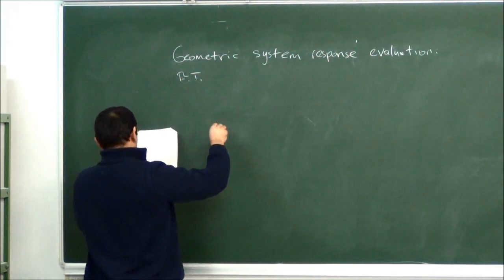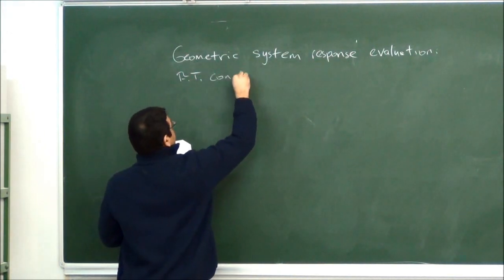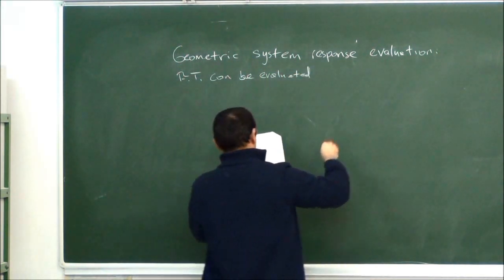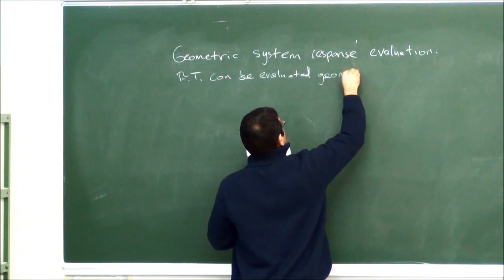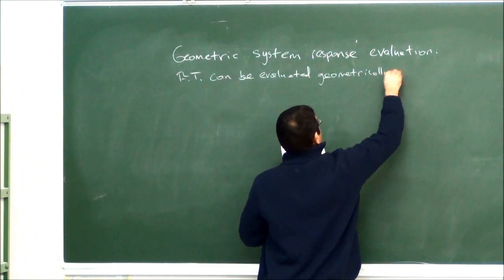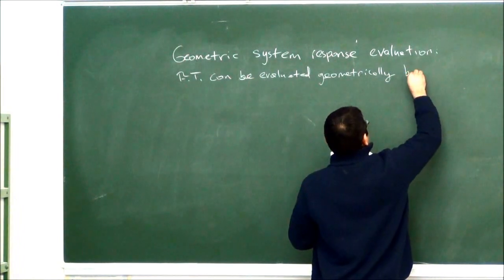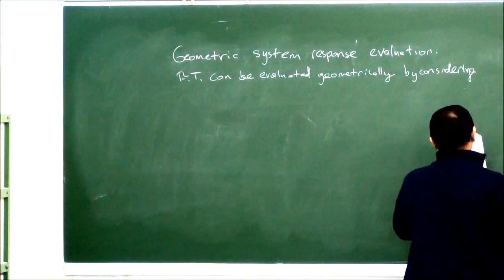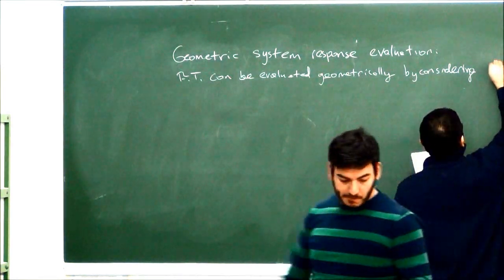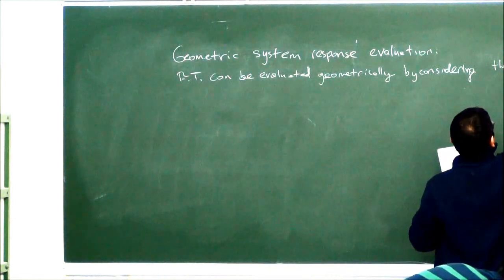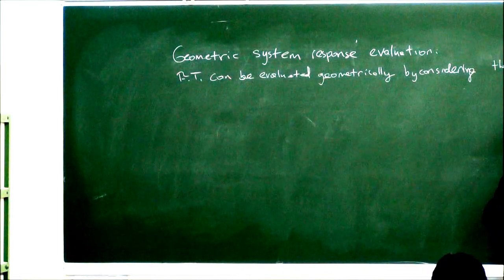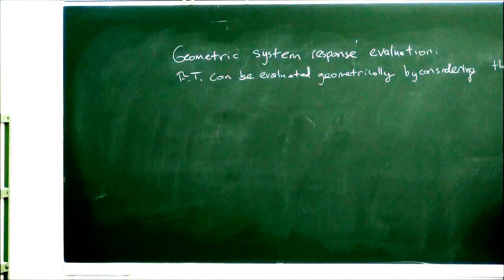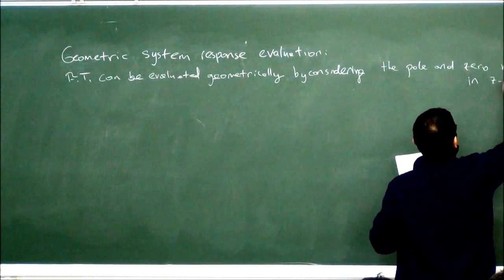So the Fourier transform can be evaluated geometrically by considering the pole and zero vectors in the z plane.